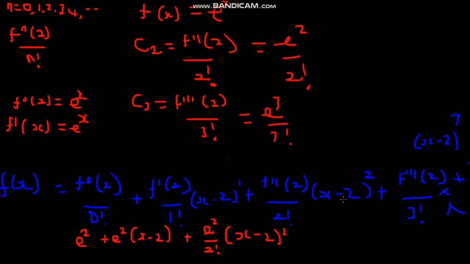So I can just write this here, plus e to the power 2 over 3 factorial, multiplying (x minus 2) to the power 3. So this will keep on going. So that will give us the Taylor series expansion for the function f(x) equals e to the power x.